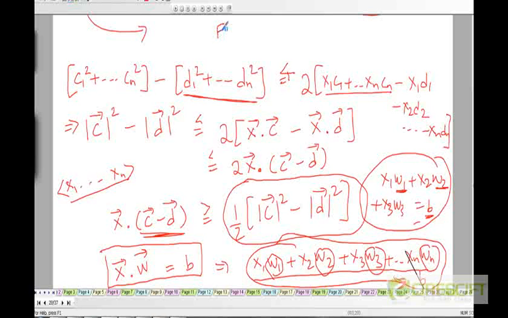So for any linear classifier, let me write this down. For any linear classifier, the test phase is very simple. Compute x dot w and see if it's greater than B or not. Now W and B are something you would have calculated in your training phase.